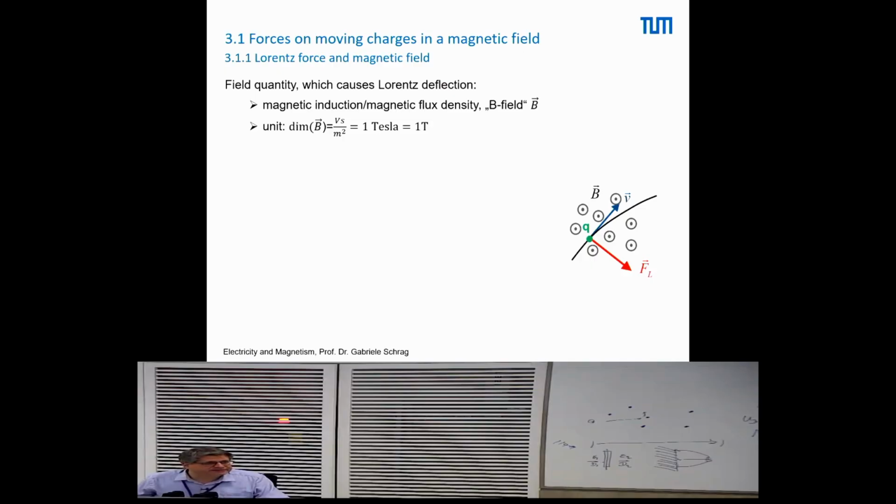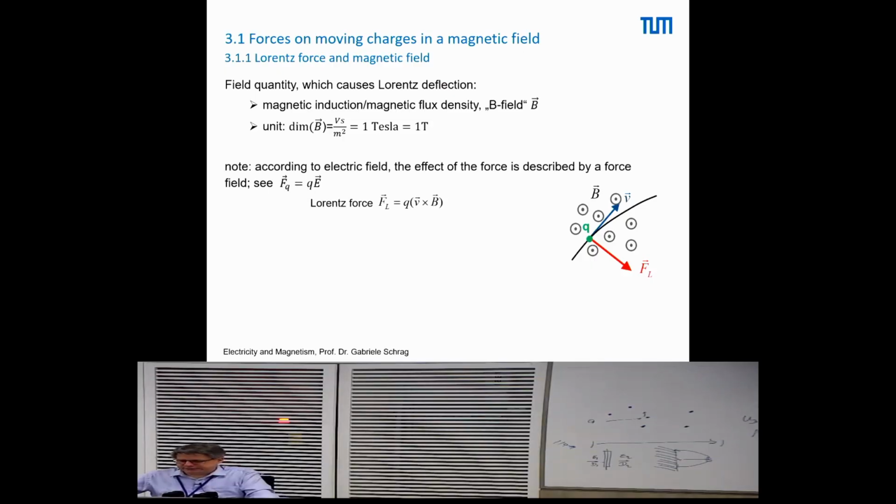You see this is a flux quantity again, like we had the electric flux, the D field. The D field was ampere second per square meter. And now you have the magnetic flux density, that is volt second per square meter. And that unit is also given as Tesla. So, according to the electric field, the effect of the force here is described by a force field.